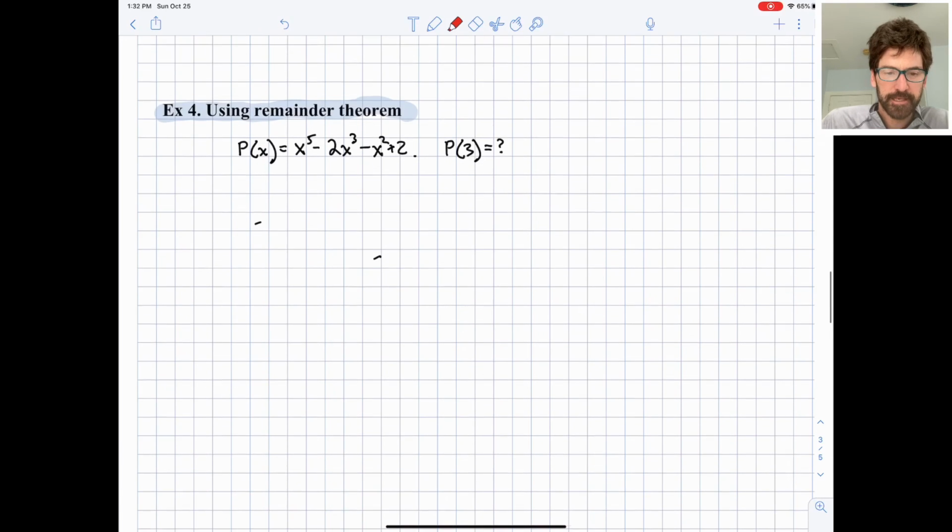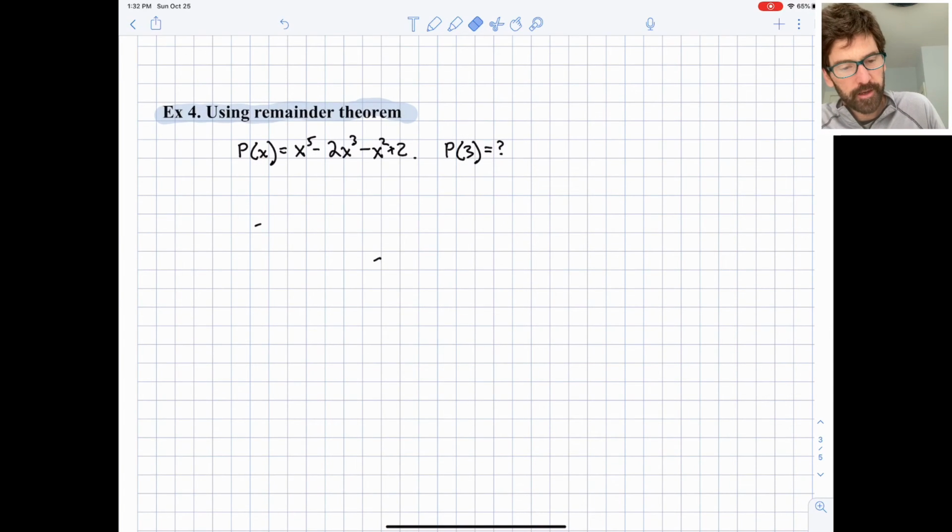All right, as a last example here, one thing to know is using the remainder theorem, which I will read to you and you should access in a textbook as well. But the remainder theorem says that if we divide a polynomial by x minus a, then the remainder that we get is the value of the polynomial when it's evaluated at a.